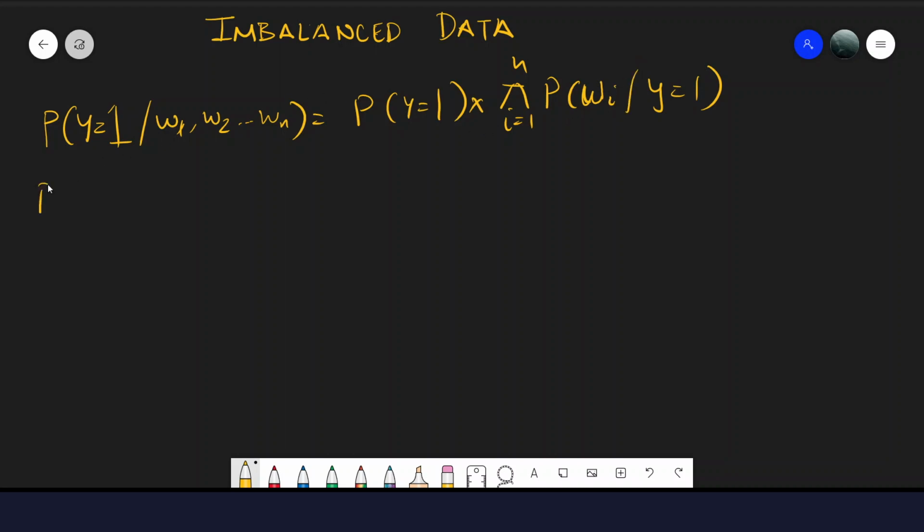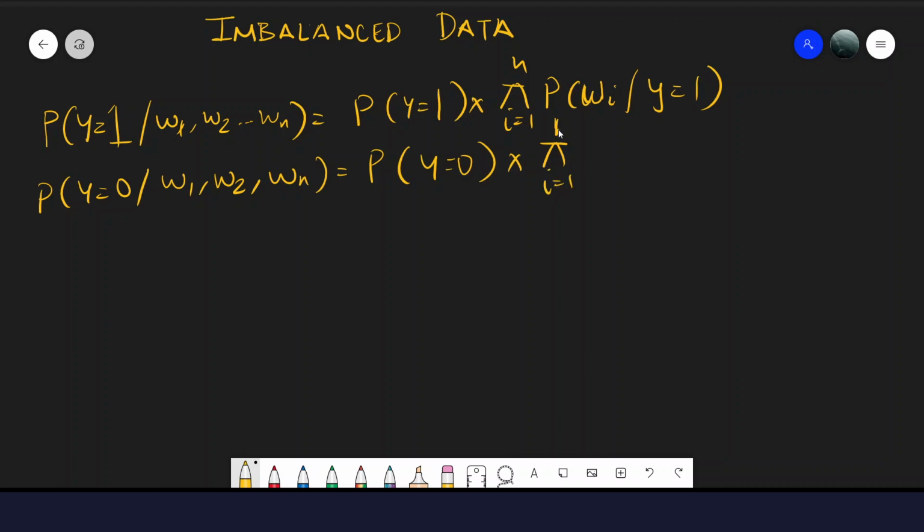And if I have the probability of y equals 0 given W1, W2 to Wn, I have probability of y equals 0 into the product over i equals 1 to n of P of Wi given y equals 0.